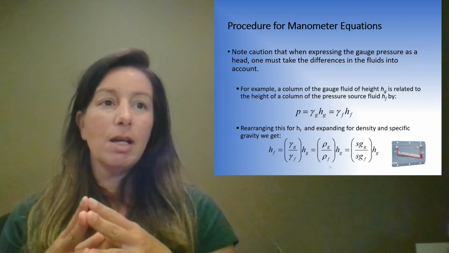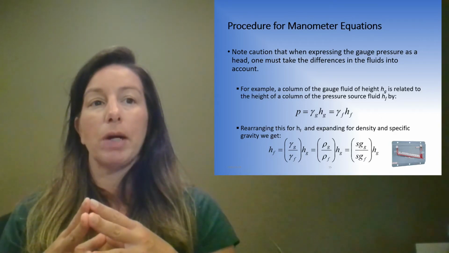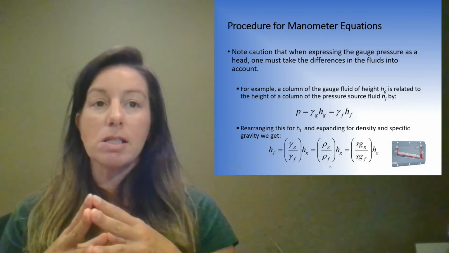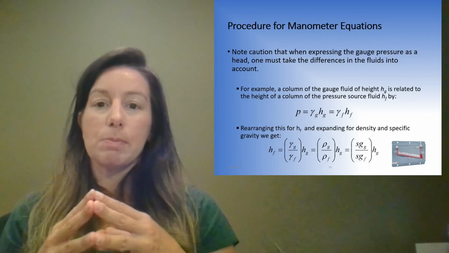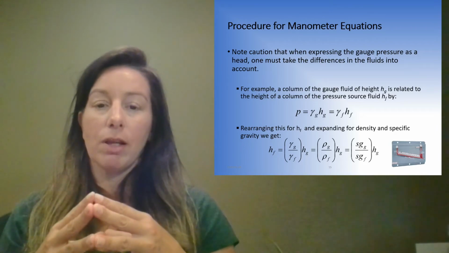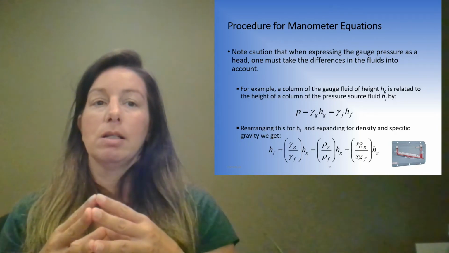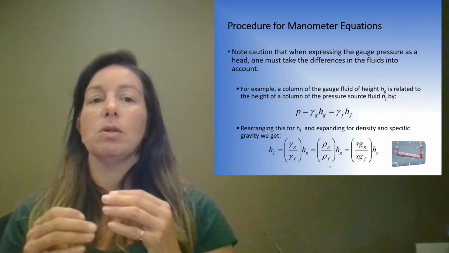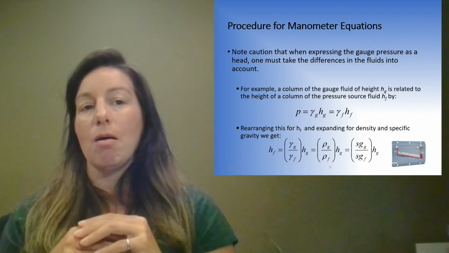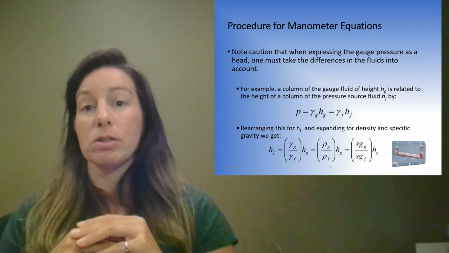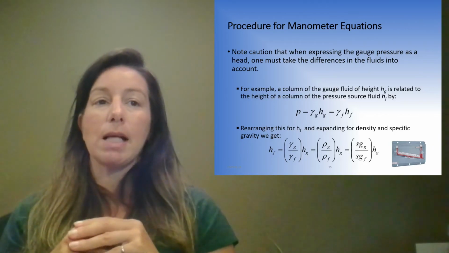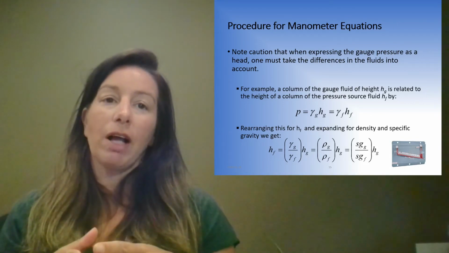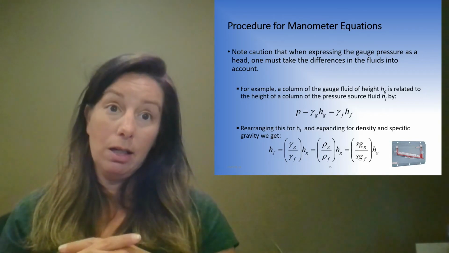So, for example, the column of the gauge fluid at height Hg, remember subscript G for the gauge fluid, is related to the height of the column of the pressure source fluid, the height of the fluid, subscript F. So the pressure is equal to the specific weight of the gauge fluid times the height of the gauge fluid, which is equal to the specific weight of the fluid you're interested in, subscript F, times the height of the fluid you're interested in. So you rearrange this for the height of the fluid, the pressure head, HF.